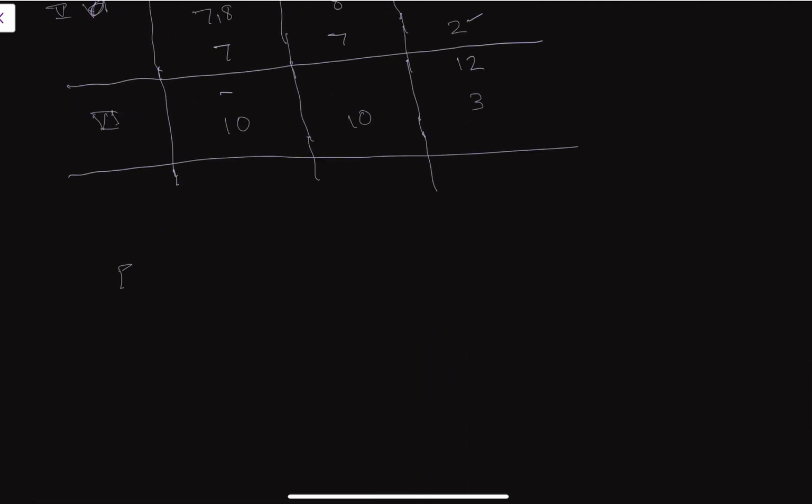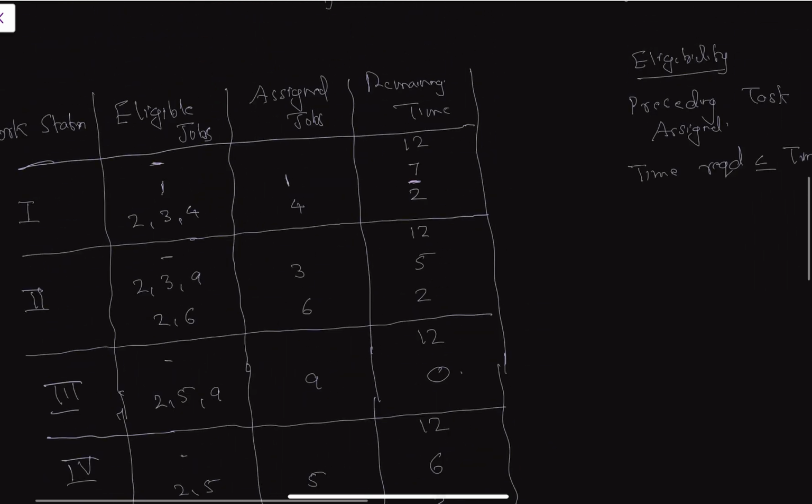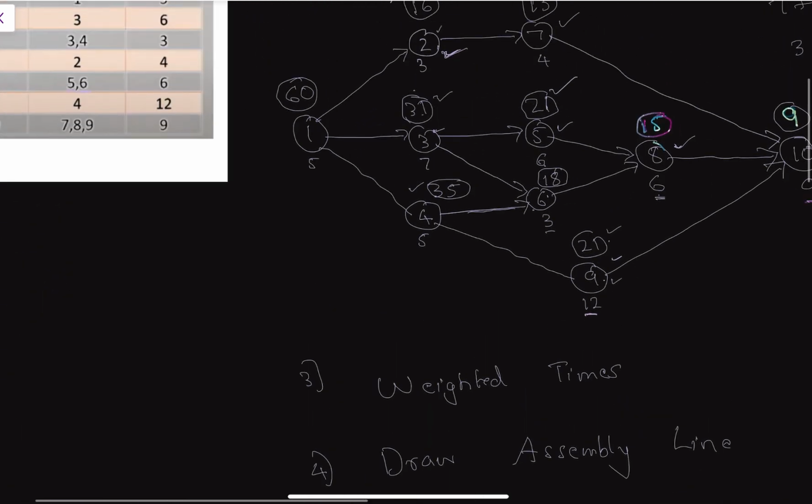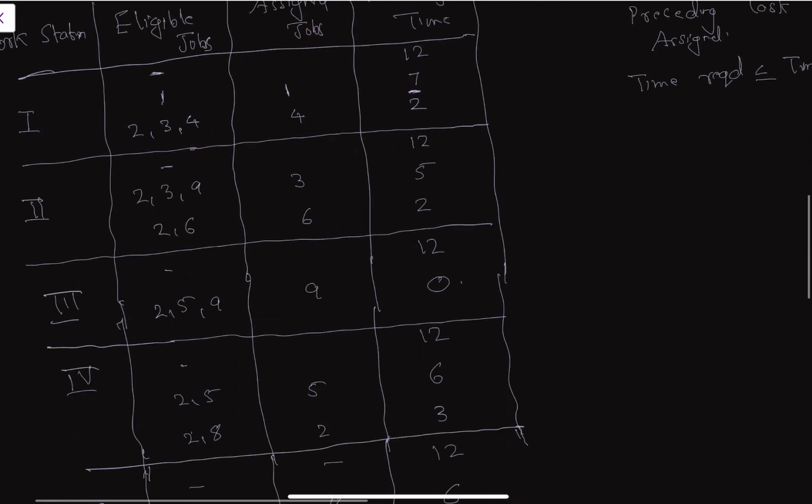Now we will calculate the efficiency of the workstations, that is the 5th step. Efficiency is defined as the consumed time divided by the design time. The consumed time is the total time taken, that is 60.